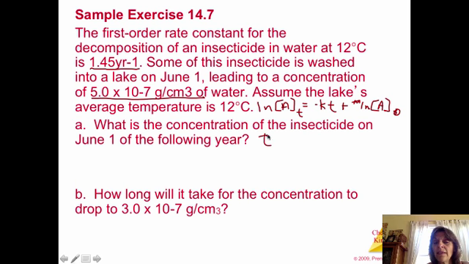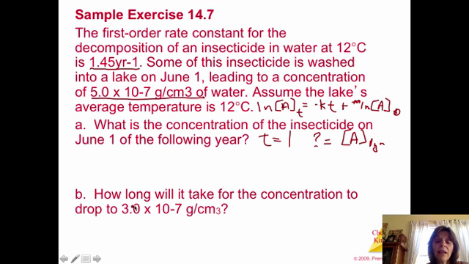So when t equals 1, because the time frame is a year, solve for the concentration at time 1 year. So put in your concentration, put in your rate constant, your time of 1, and you're solving for the concentration at time t, and you're putting in the initial concentration.